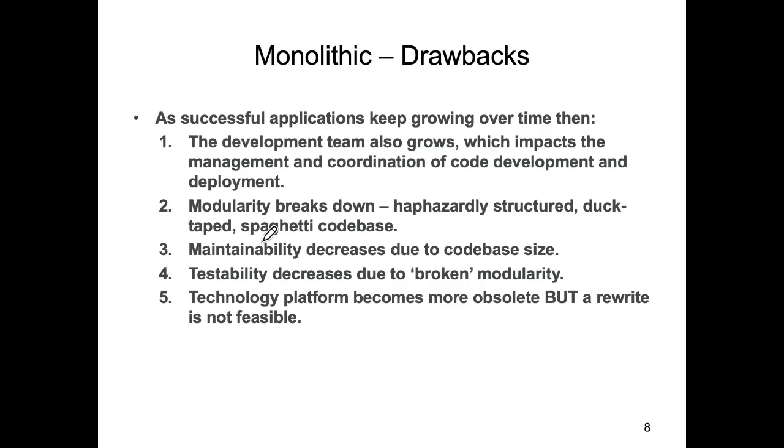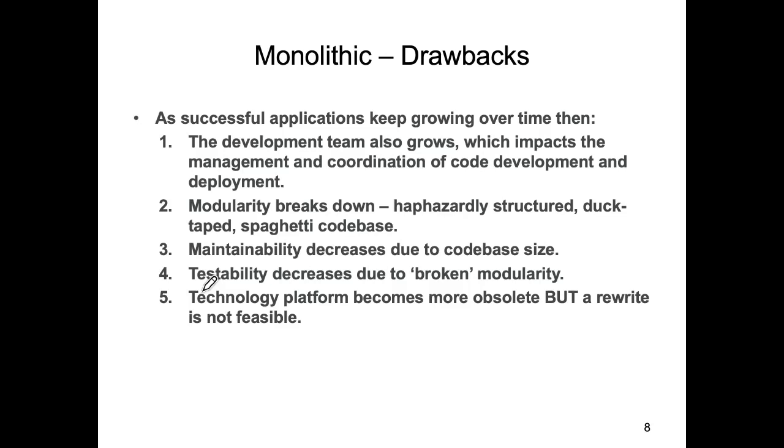And moving on to number 5, your technology platform, the platform that your application is built on. Technology, as I said a while back, is evolving all the time, and so your technology platform tends to become dated. That's another complication to a successful application that's growing over time.